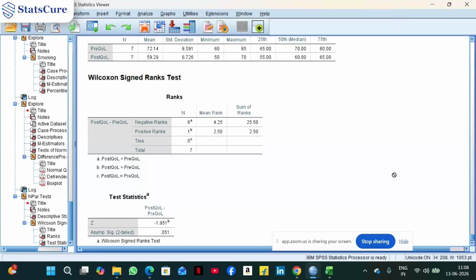Sir, WHO quality of life. Yes. So WHO quality of life has multiple subdomains, and these subdomains need to be compared.